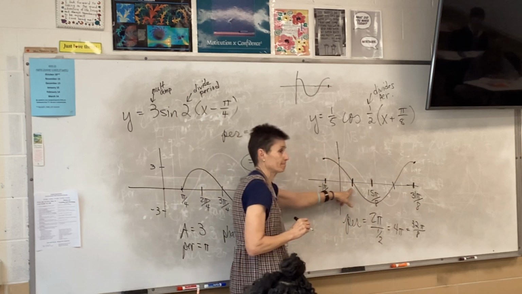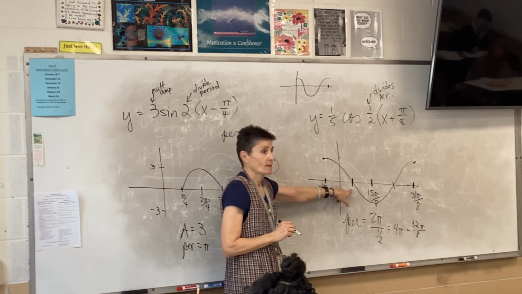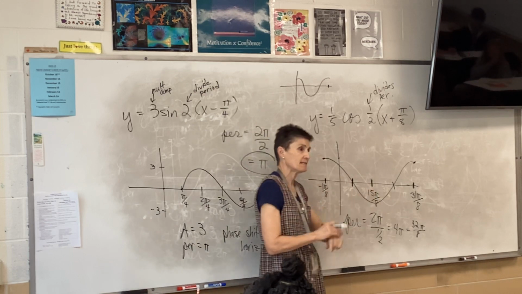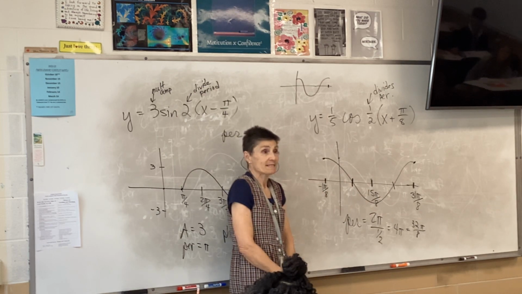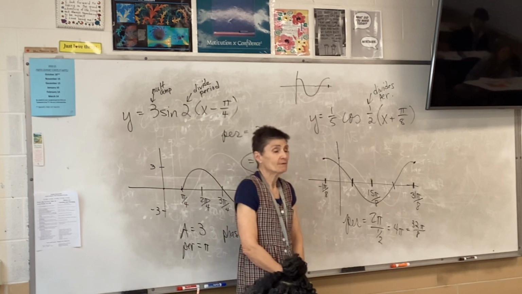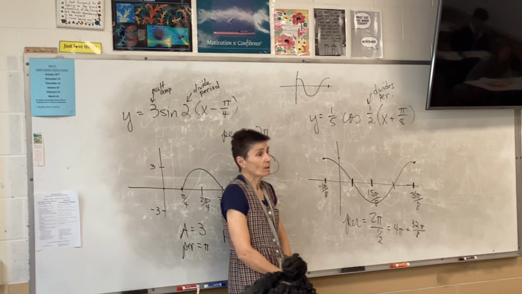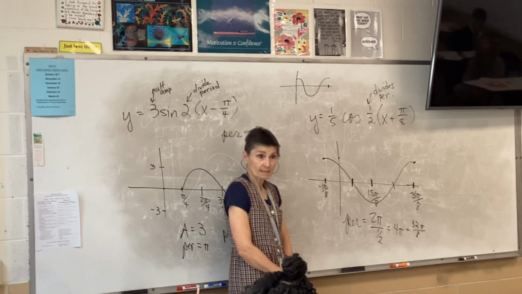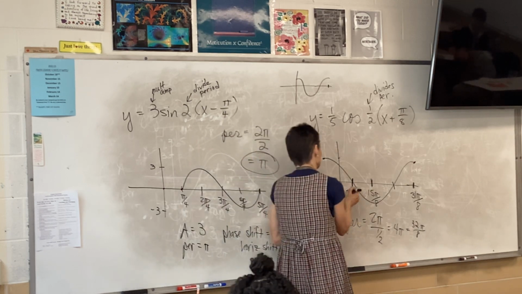This is right in the middle of -1 and 15. What's the average of -1 and 15? -1 plus 15 is 14, and half of 14 is 7.